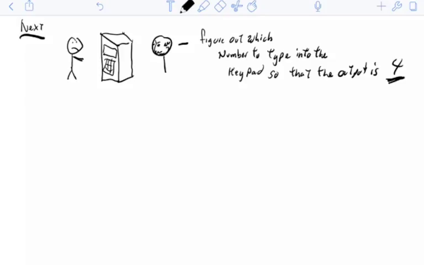How are you going to do it? You're just going to go up and type numbers until the output is 4. But usually the input isn't 4. Okay. What am I going on about? Anytime you have a polynomial, it's the relationship between input numbers and output numbers.